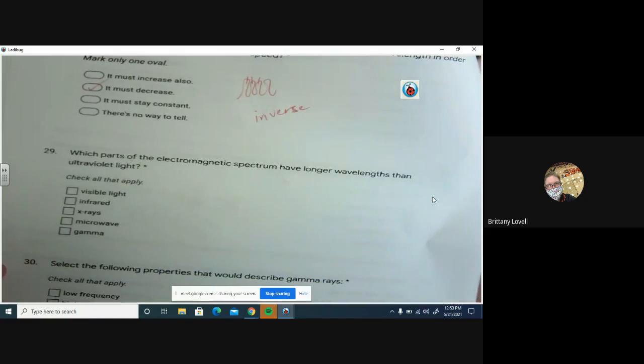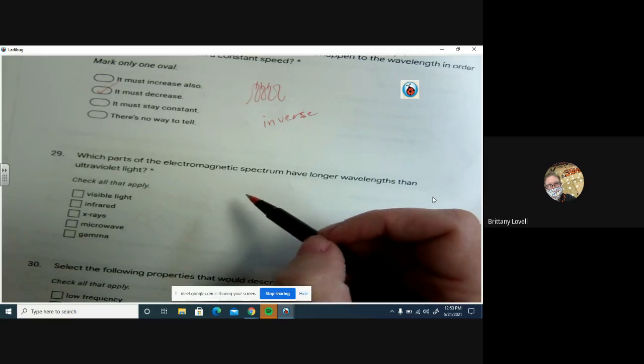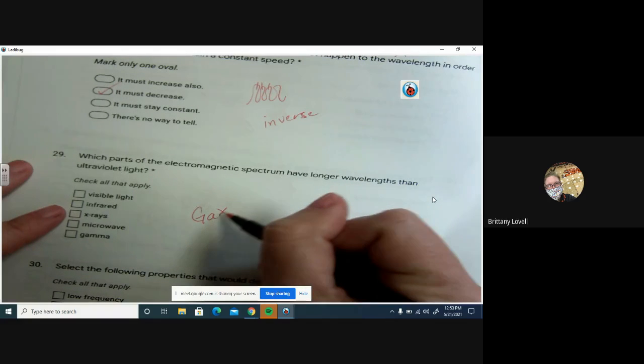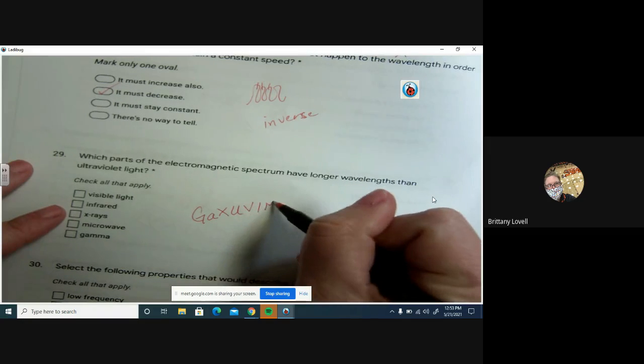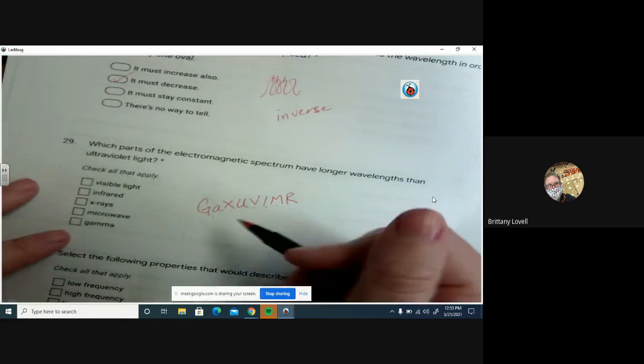So, 29, which parts of the electromagnetic spectrum have longer wavelengths than ultraviolet light? I can't ever do this without thinking about the order. So I always think, okay, it's GAX, U, BIMR: gamma radiation, X-ray, ultraviolet, visible, infrared, microwave, radio. I also make myself some notes.